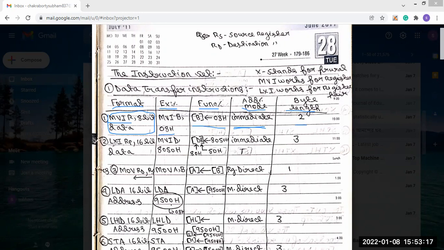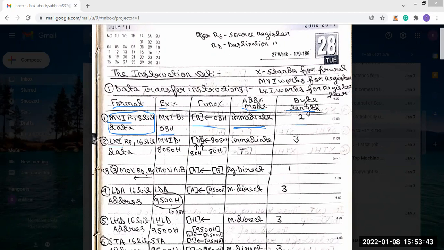After that, the next instruction which we have is LXI. Now what is this LXI? LXI works for the register pair. What it means is that it loads the specified register pair with the data.